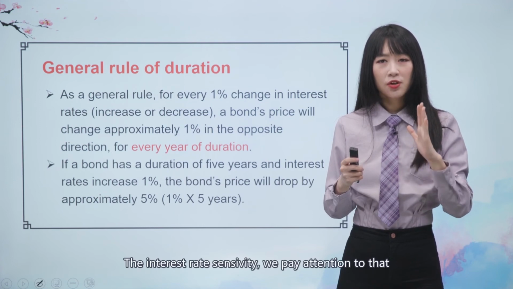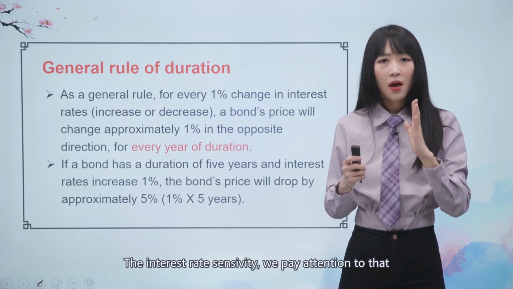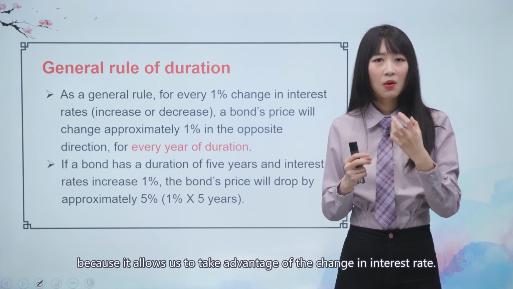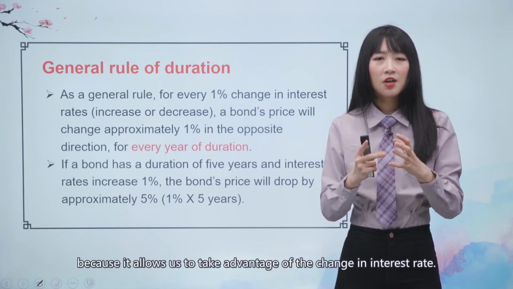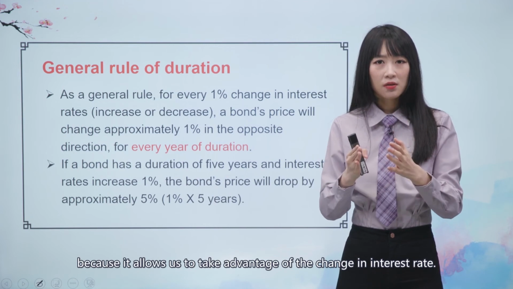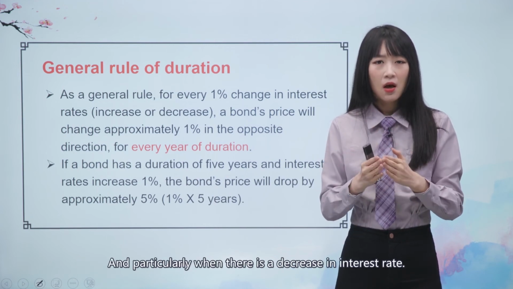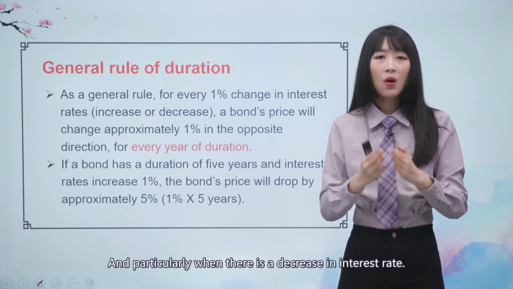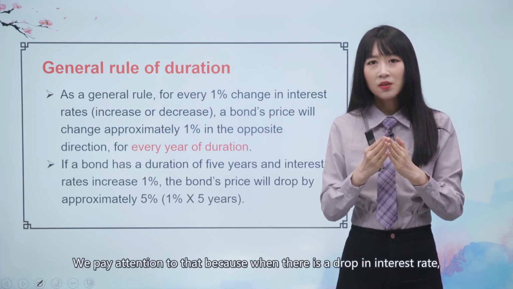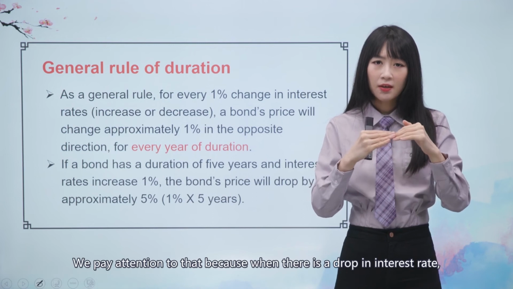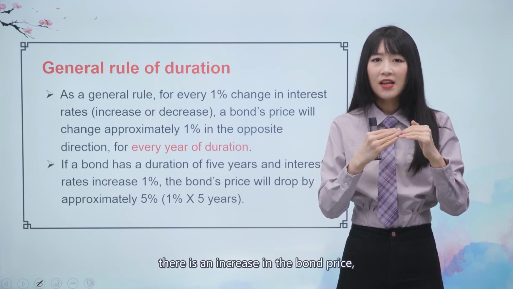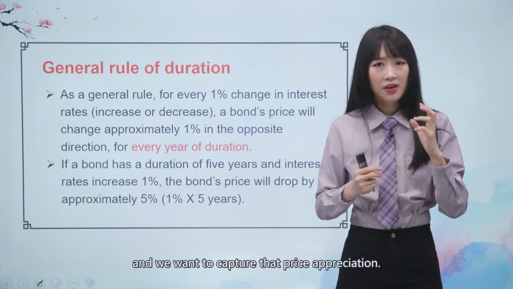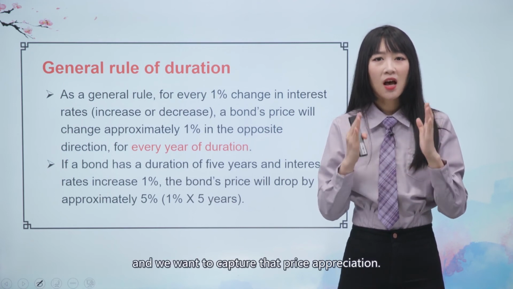We pay attention to interest rate sensitivity because it allows us to take advantage of the change in interest rate, particularly when there is a decrease. When there is a drop in interest rate, there is an increase in the bond price, and we want to capture that price appreciation.